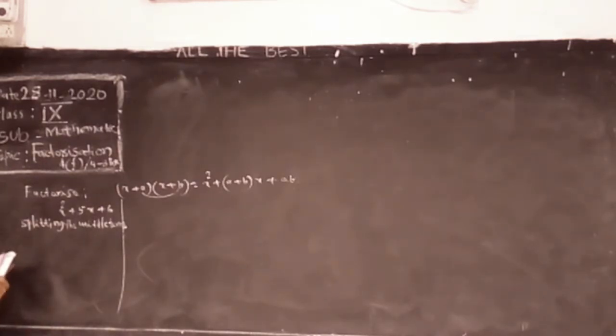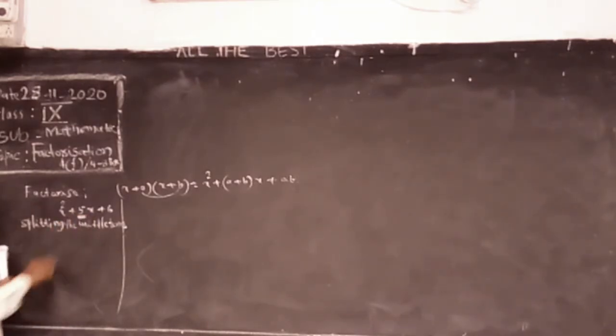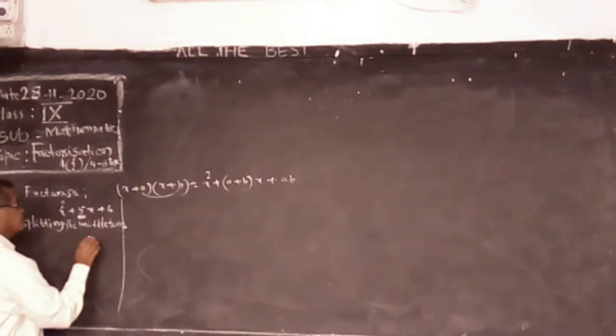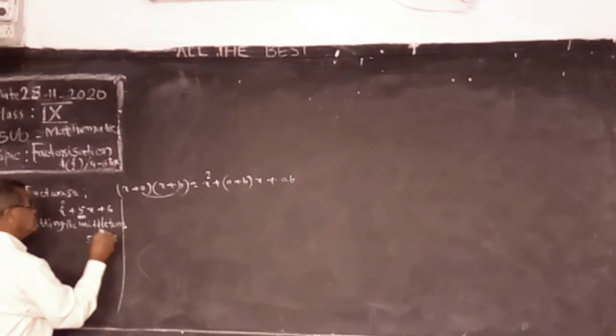The middle term 5 is the sum of two numbers, and the last number is the product of the two numbers. We can say easily, the sum is 5 and the product is 6. The possible numbers are 3 and 2.